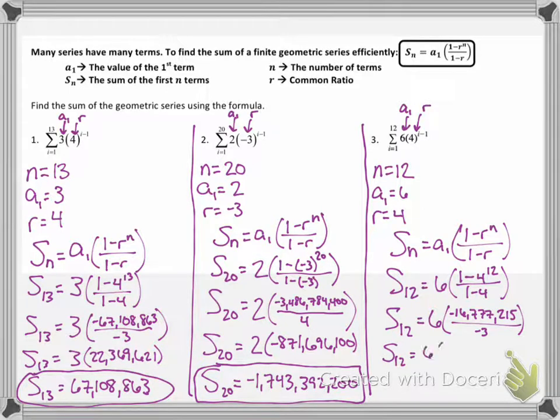Simplify the fraction, we'll get 6 times 5,592,405. And then we'll multiply that by the 6. The sum of the first 12 values of this geometric series comes out to 33,554,430. So again, another big answer.